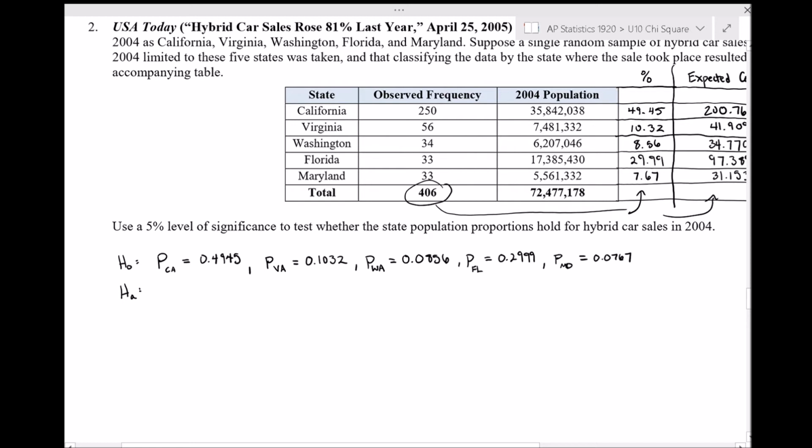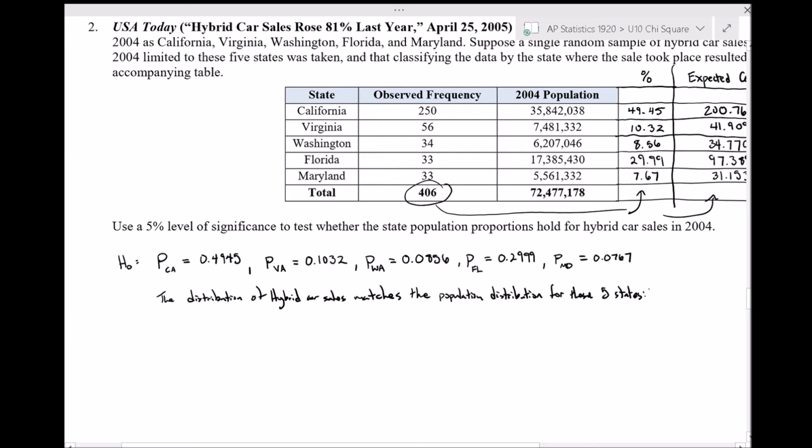So first off, the null hypothesis. If I wanted to expound on that and explain this a little bit more, this is the idea that the distribution of hybrid car sales, and I'll go ahead and use this term, which is not really a good term to use, it's not a statistical term, but I'll say matches the population distribution for these 5 states.